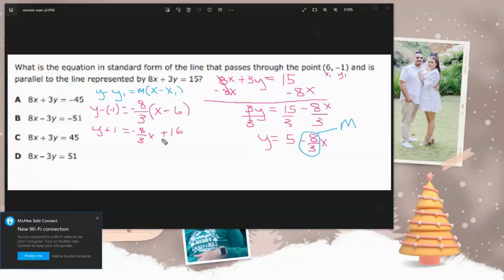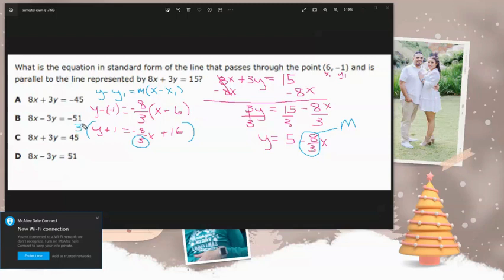Now, I'm going to do this a bit differently. What I like to do off the back is get rid of all the fractions if I can. When I'm trying to get it back into this form, I want to get rid of all the fractions because I don't see any fractions in my answer choices. So I'm going to multiply everything by the denominator so that there are no longer any fractions.